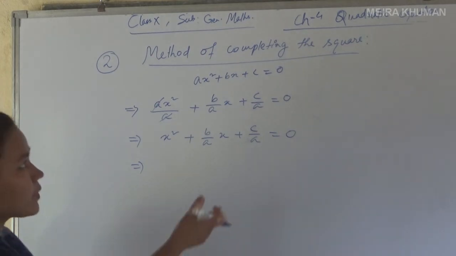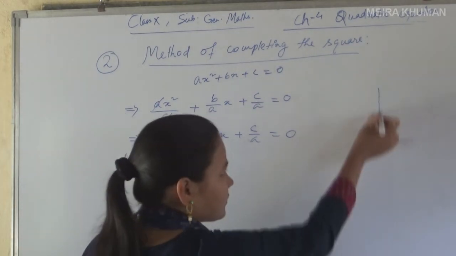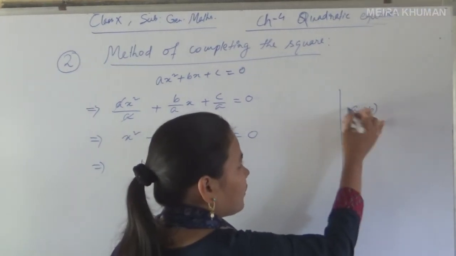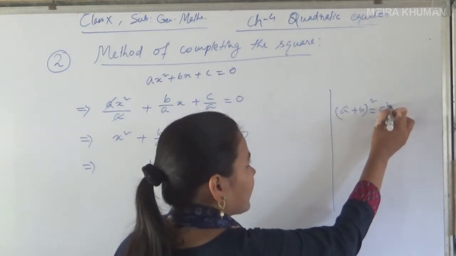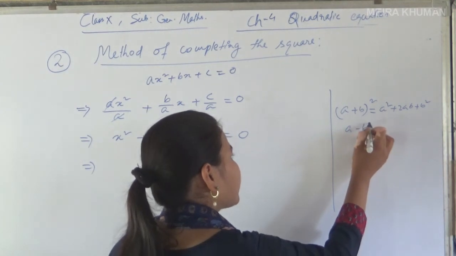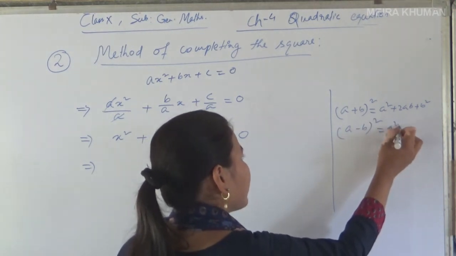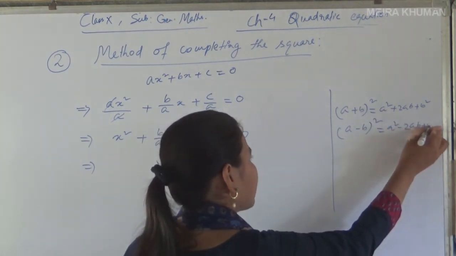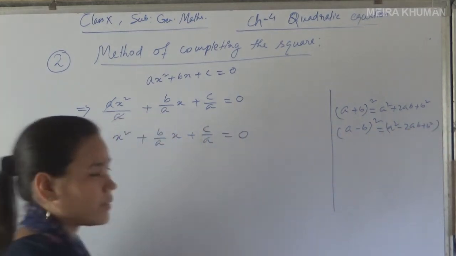Then in completing the square method, you should make it in terms of (a + b) whole square, which is a² + 2ab + b², or the (a − b) whole square form, a² − 2ab + b². You should make it in this way.